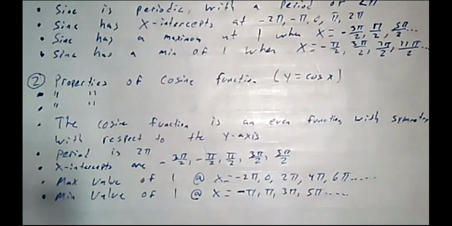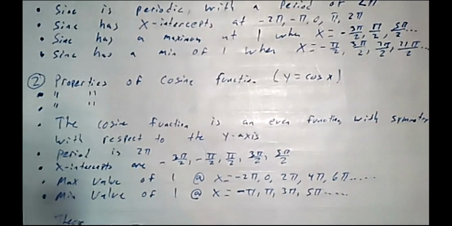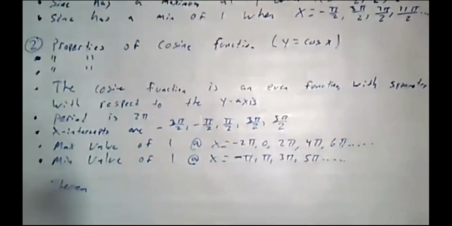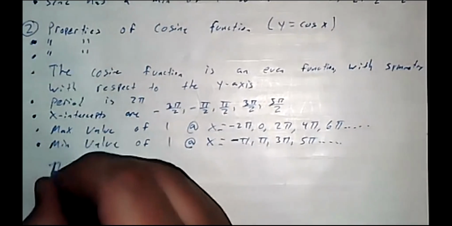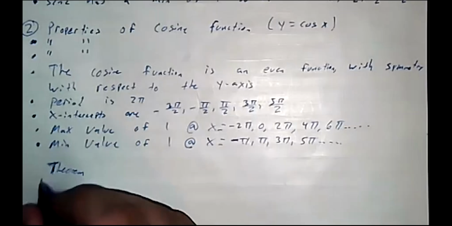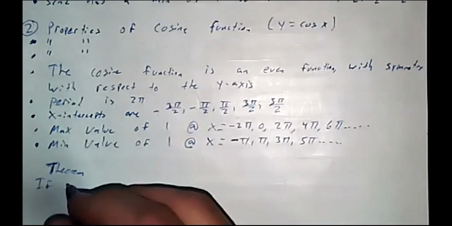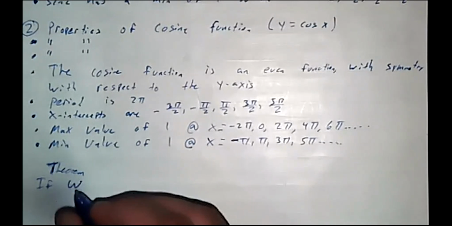Okay, almost done with the definition stuff, and then I'll start showing you how to graph them. Here's a theorem. All right, so if omega, this is technically omega, but I can't really draw very well.